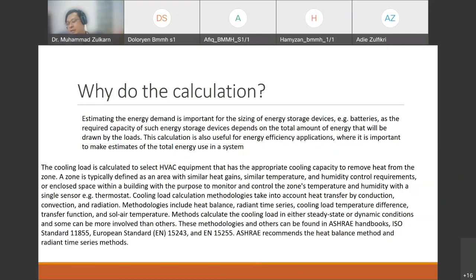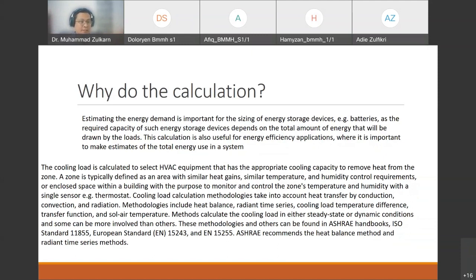So now we can understand why we calculate the demand energy from that profile during operation. We know the energy demand or load demand.